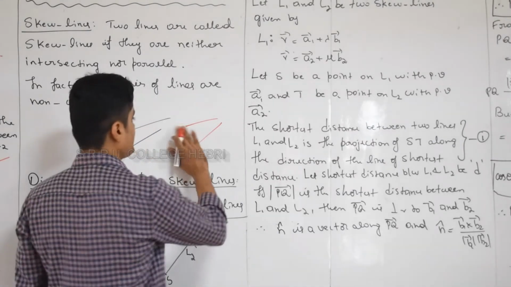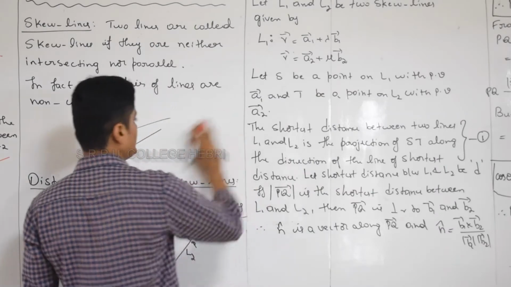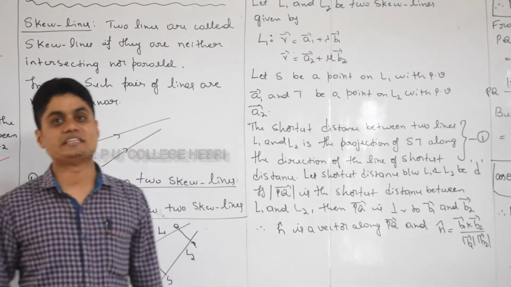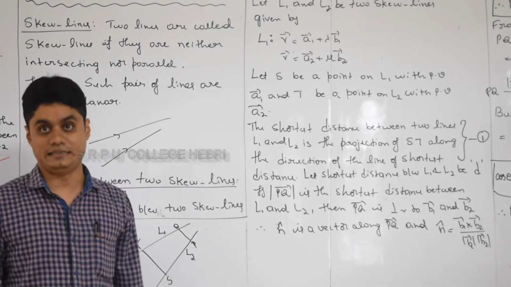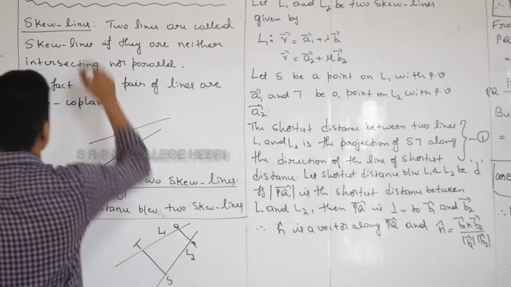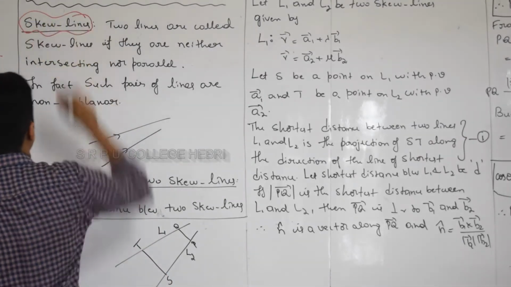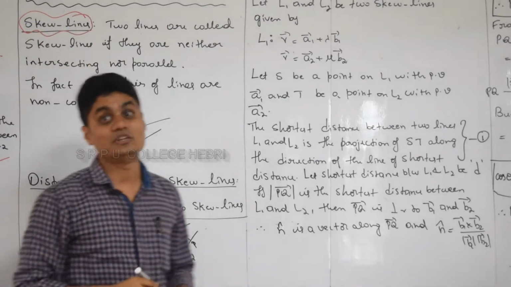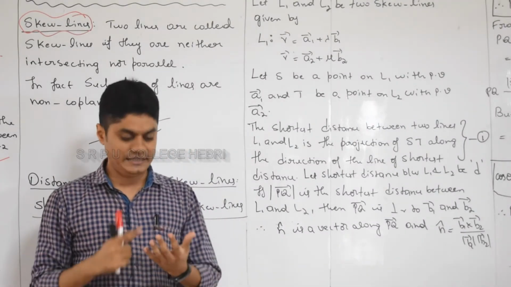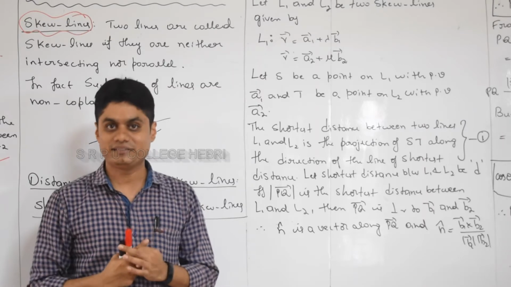But in this chapter, in 3D geometry space, we are going to find the distance between the lines even when they are not parallel. First for that we have to learn one very important type of line known as skew lines. Last year, two-dimensionally, you heard about intersecting lines and parallel lines, right?